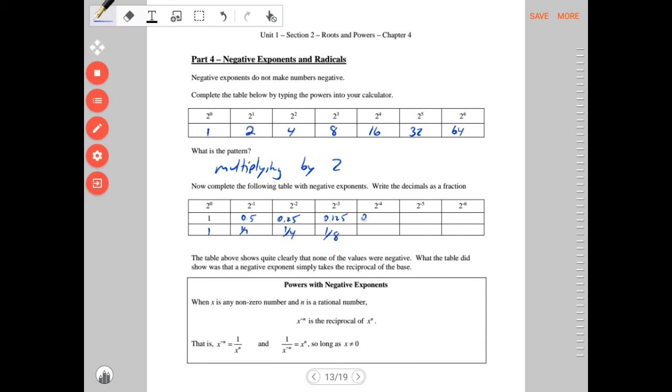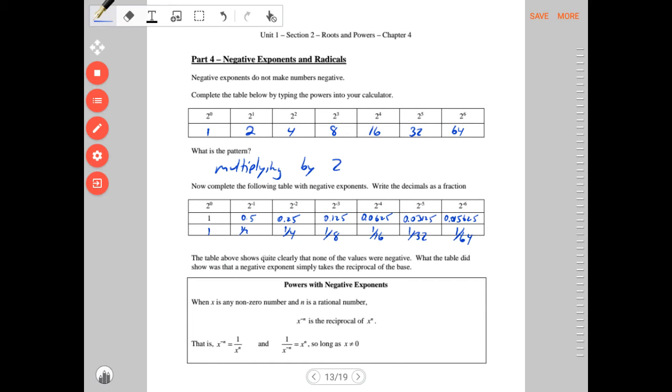This next one, 0.0625, which is 1/16. 0.03125, which is 1/32, and the last one, 0.015625, which is 1/64.